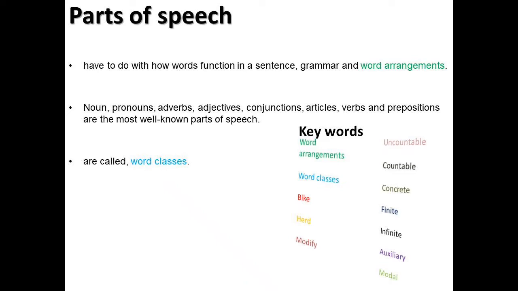These are the word functions, called parts of speech. Parts of speech are what we need to know in order to be able to solve grammatical problems in our writing.